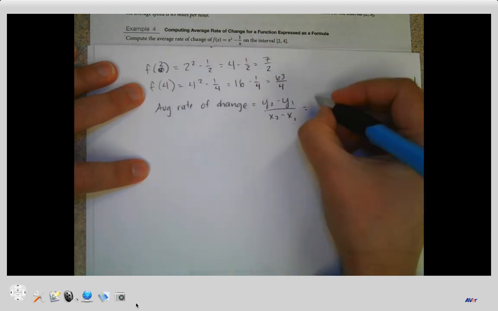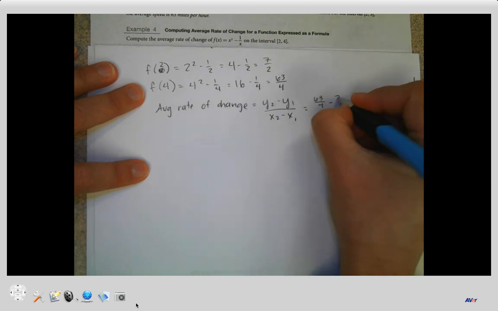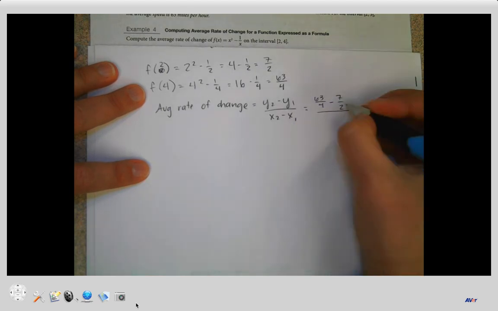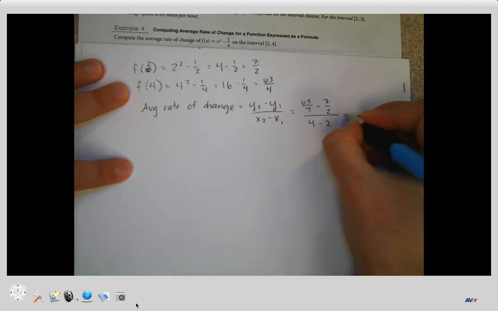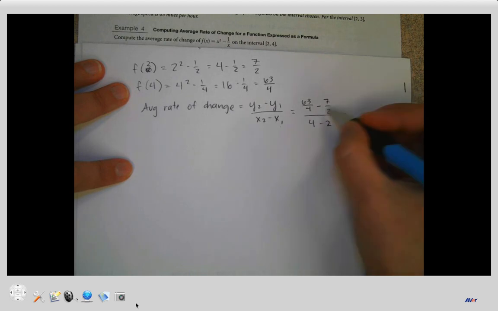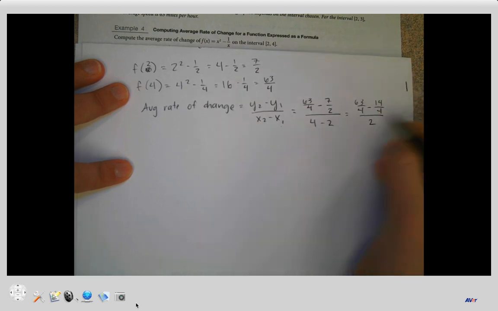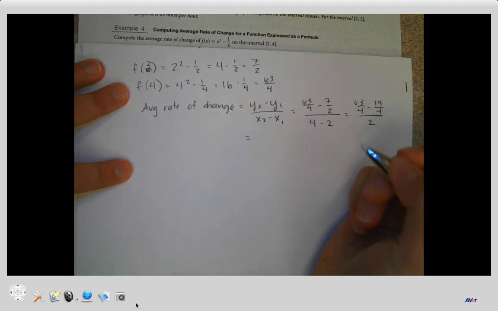So it's going to be 63/4 minus 7/2 over 4 minus 2. All right, we've got fractions, guys. We can do it. We have to find a common denominator up here, so it's going to be 4. So it'll be 63/4 minus 14/4 all over 2. So 63/4 minus 14, that's 53.